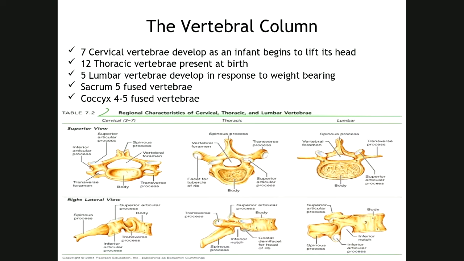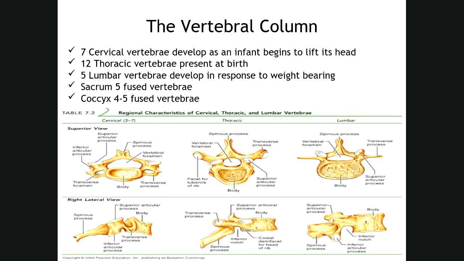To remember the number of vertebrae, something that we use is breakfast at 7, lunch at 12, dinner at 5, for the 7 cervical, 12 thoracic, and 5 lumbar vertebrae. Sacrum and coccyx, really can't forget those.